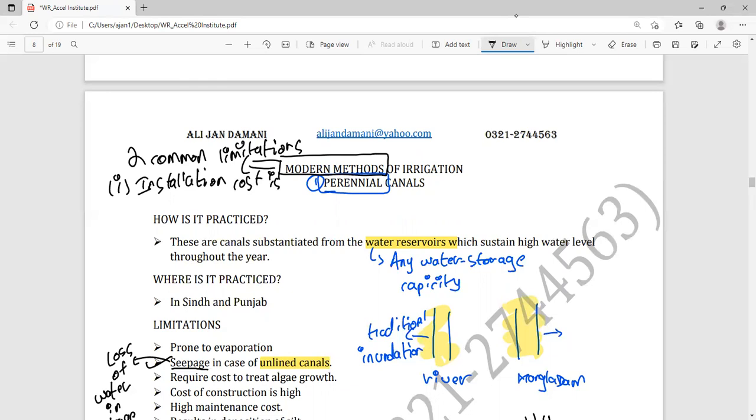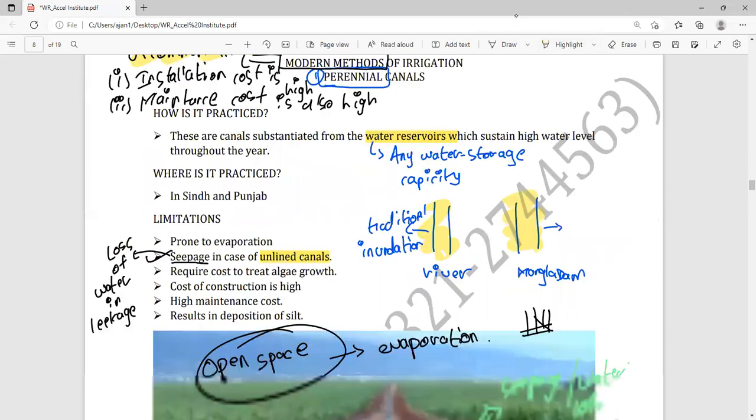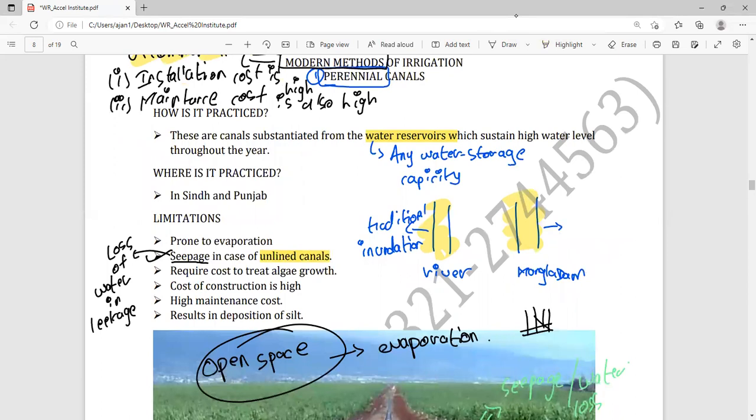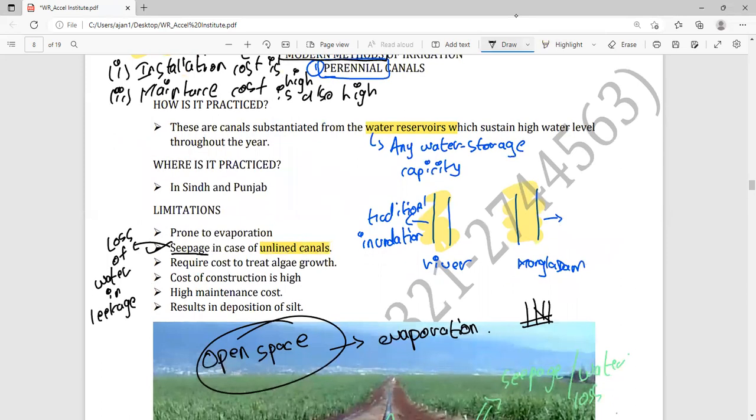It means that if you want to set up that method, you will require a lot of finance. And secondly, their maintenance cost is also high. So these two limitations are common across all modern methods, right? For all modern methods, you have these two limitations. So similarly, you have these two limitations for perennial canals as well.